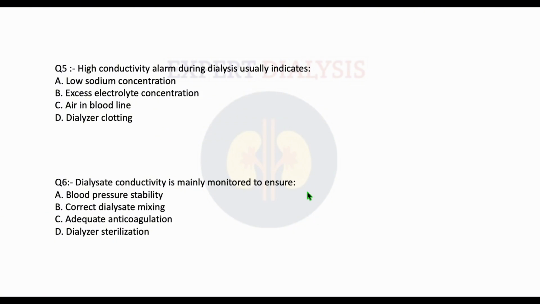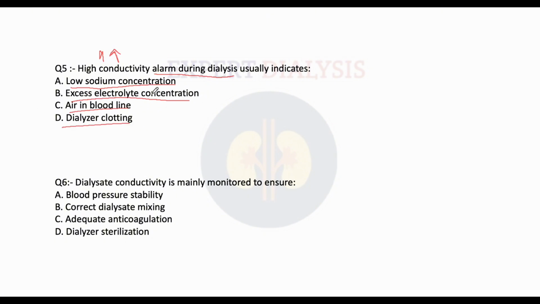Moving ahead to the fifth question, it says high conductivity alarm during dialysis usually indicates what? Option A says low sodium concentration, option B says excessive electrolyte concentration, option C says air in bloodline, option D says dialyzer clotting.